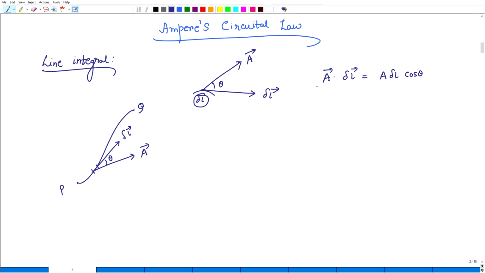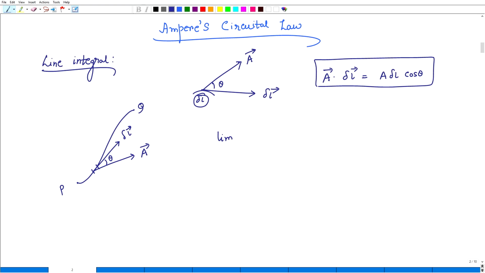The direction of the A vector is not specific, it is guided by the angle theta. So, for this small dl section we can write this formula, and for the total path from P to Q we can take the limit.